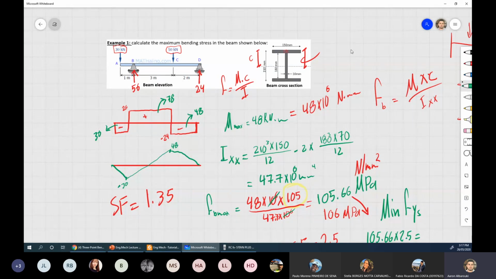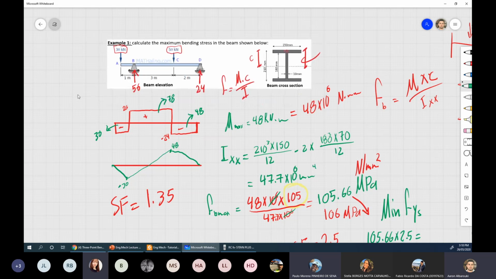Or what maximum load, not load, let's say what maximum moment can this beam carry, but use a safety factor of 2.5. Let's take this to the side here. So now you have to divide. Yeah. Exactly.